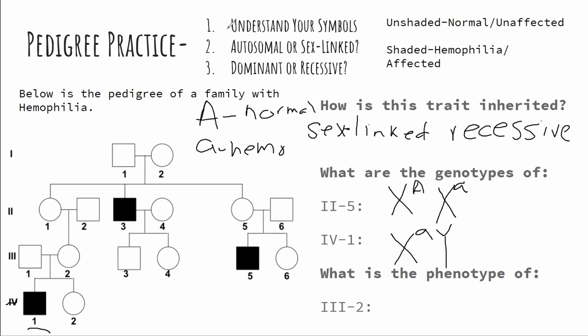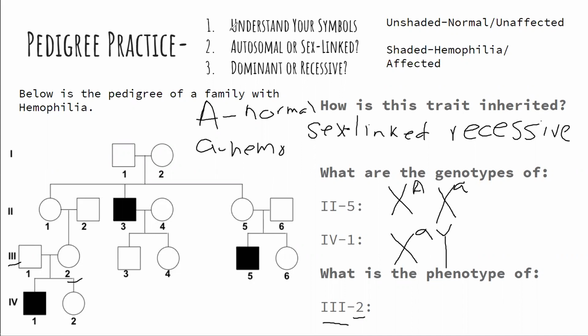Okay. Let's determine the phenotype of individual 2 from generation 3. What is the phenotype of this individual? It's a circle, so is it a male or a female? It's a female. And is it shaded in or unshaded?